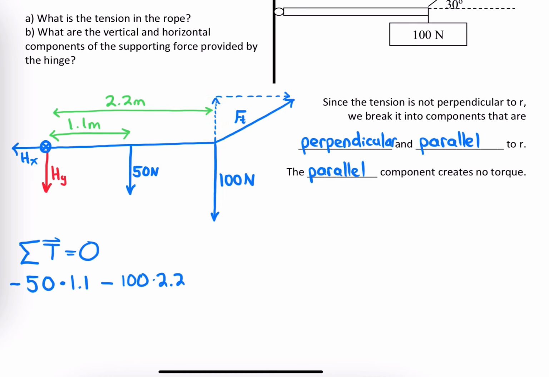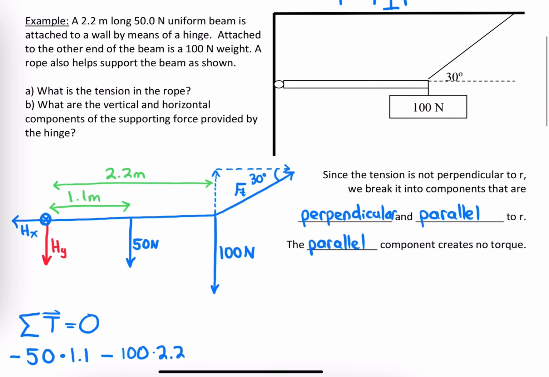So if we do a little bit of geometry here, we know this angle up in the top is going to be 30 degrees, because that should match with this angle we have over here. So this perpendicular component is going to be Ft times the sine of 30 degrees.